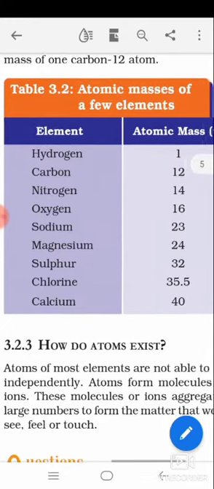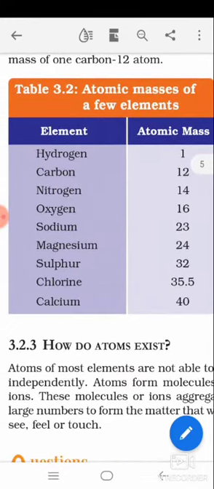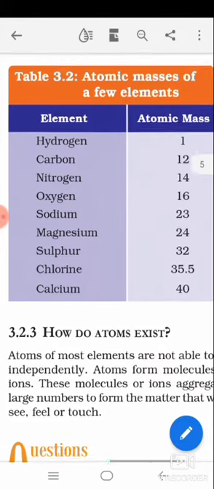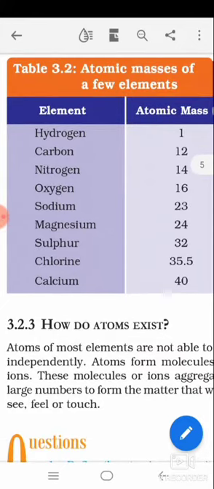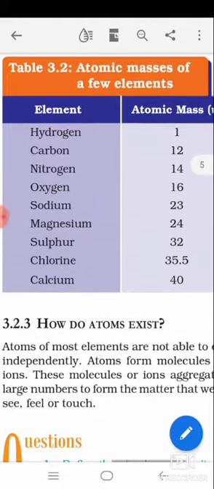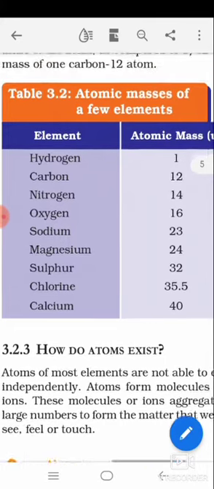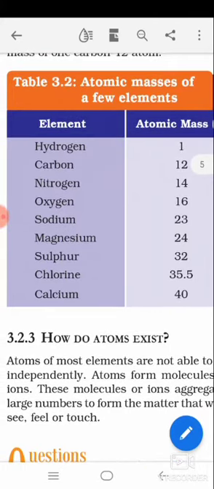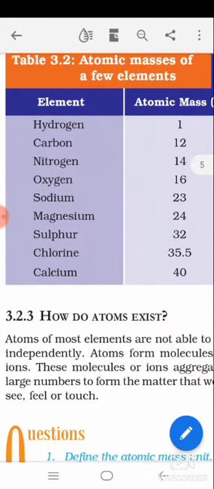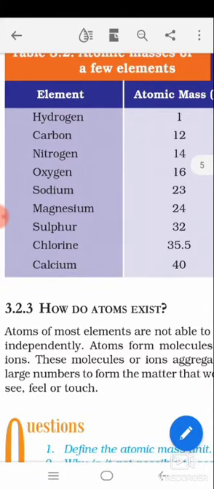If you have any doubt, please contact me. Once more, we studied today how to find the molecular mass of a compound: adding the individual atomic masses of each element present in the compound with respect to their numbers. For that you need to know the atomic masses of particular atoms, so learn this table by heart.